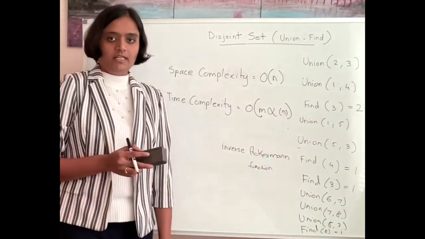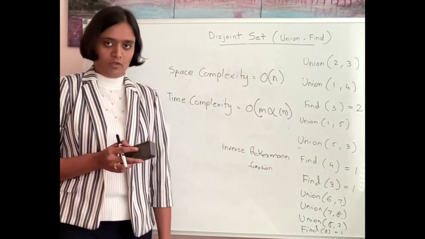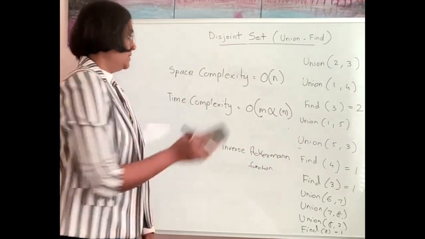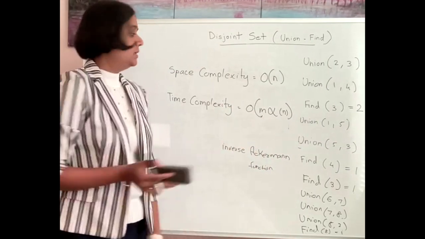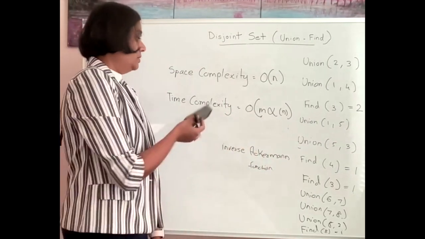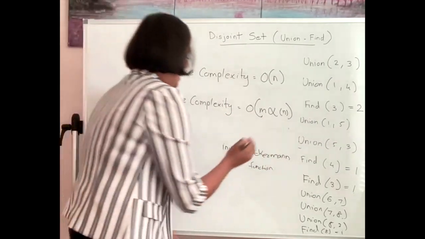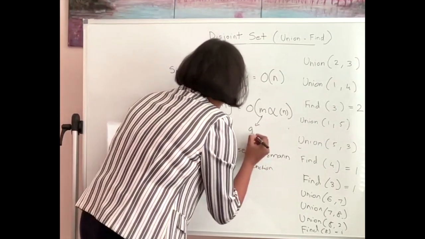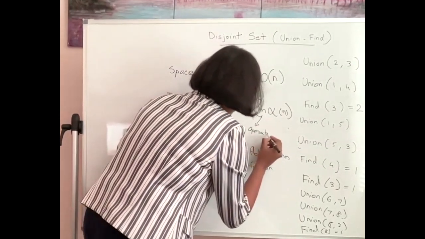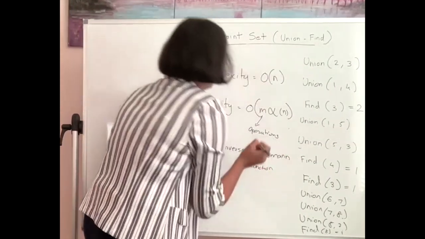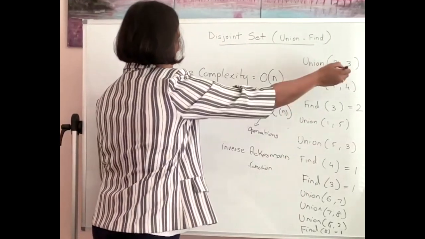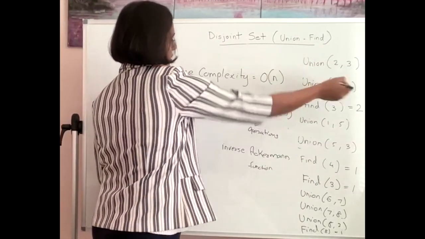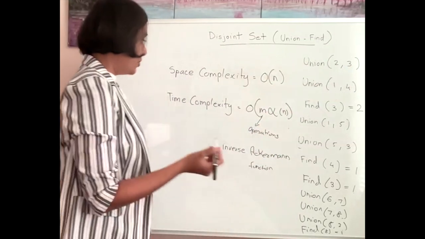Okay, so now let's understand the space complexity and the time complexity. Space complexity is simple. If you have n total elements, then the space complexity is big O of n. Time complexity, if we have in total m operations, where operations are basically these things that we perform, right? Union of 2 comma 3 is a single operation. Union of 1 comma 4 is a second operation, and so on.